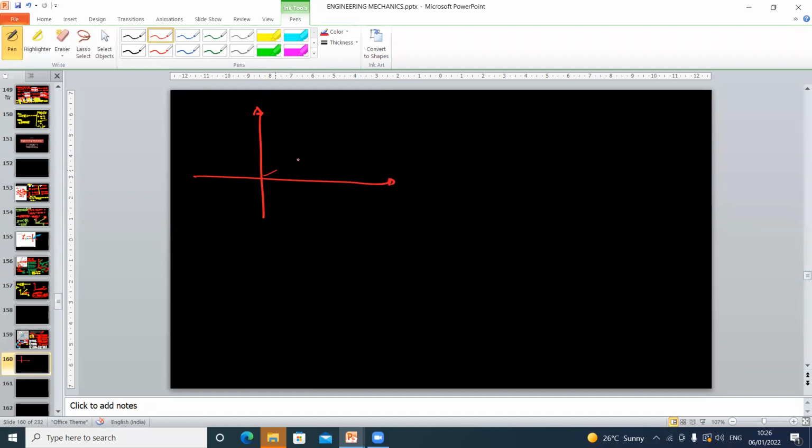So these are the components of the unknown force F4. Originally we assumed the F4 lies in the first quadrant, and this was our assumption theta 4. Okay, so this is the x component, which is F4 cos theta 4, and this is the y component, which is F4 sin theta 4.